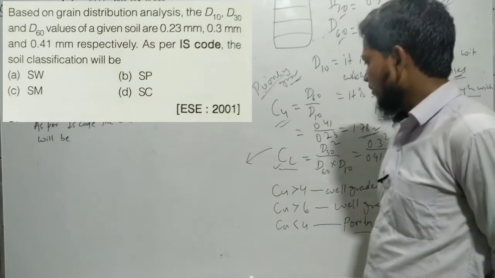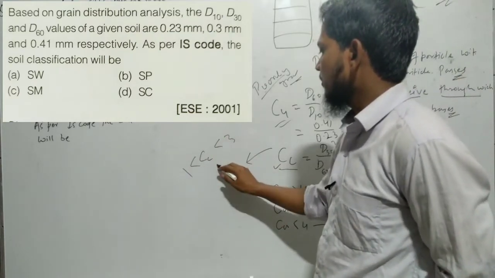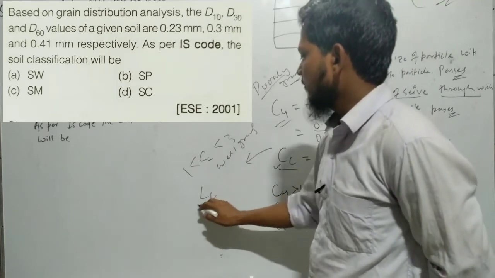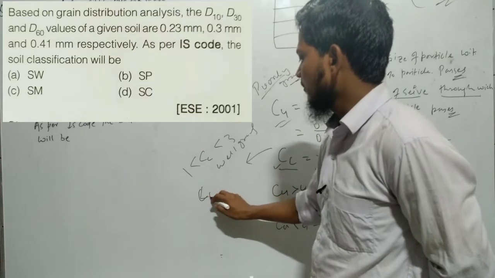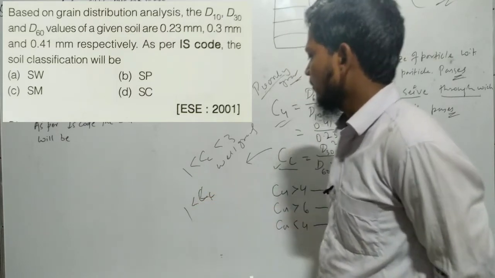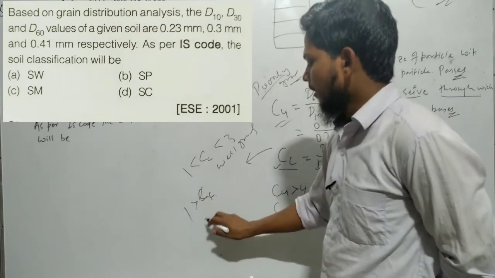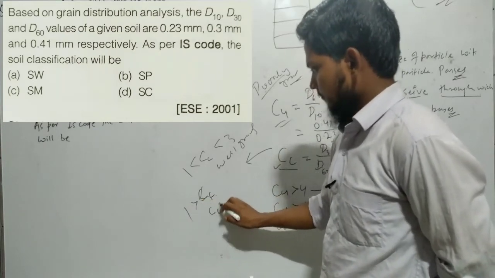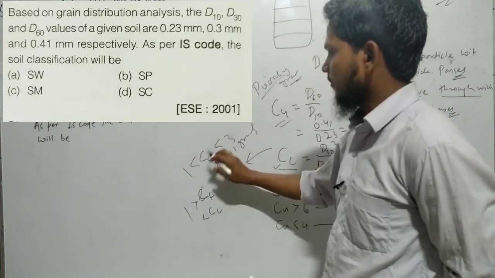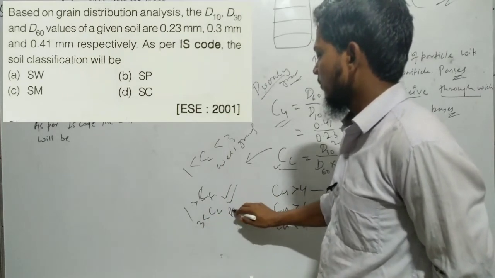The significance of Cc is that when Cc is between 1 and 3, it is well graded. If Cc is less than 1 or greater than 3, then it will be poorly graded.